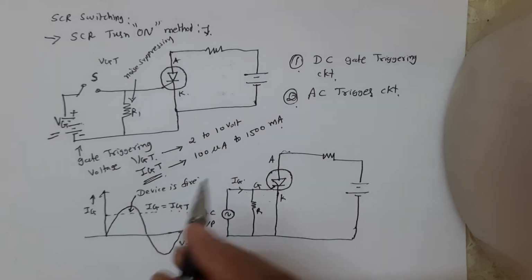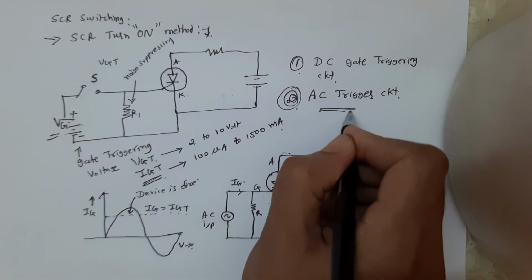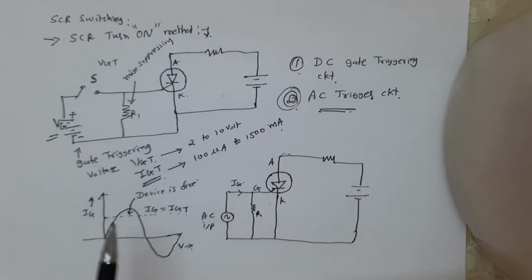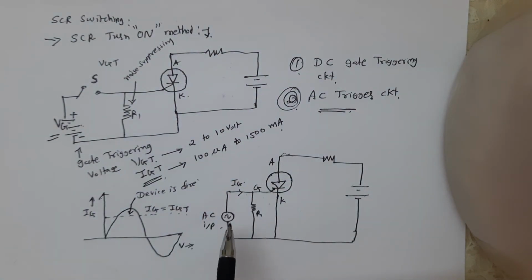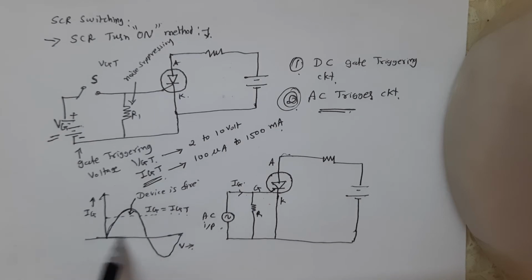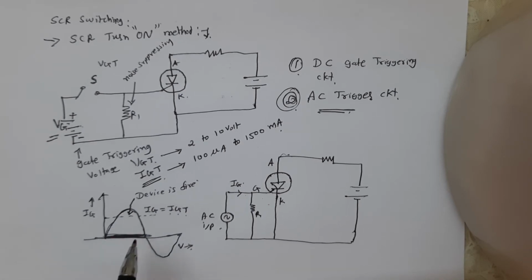Now in the second, AC trigger circuit, instead of DC we are applying AC, and the SCR can also be turned on with the positive cycle of the AC signal. This figure shows such a circuit.